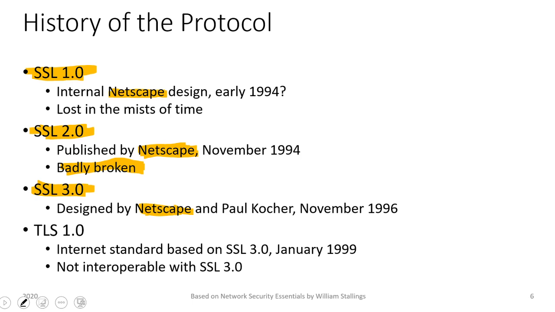Then SSL v3 was adapted into an open internet standard as TLS, or Transport Layer Security version 1. It was based on SSL v3, but it was not interoperable with SSL v3, because it uses different algorithms.